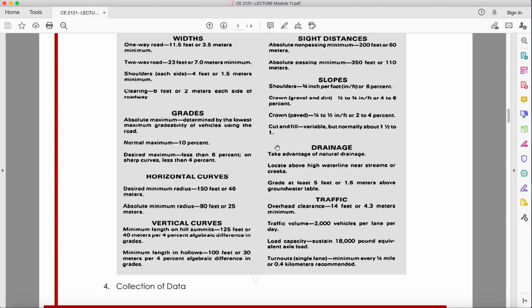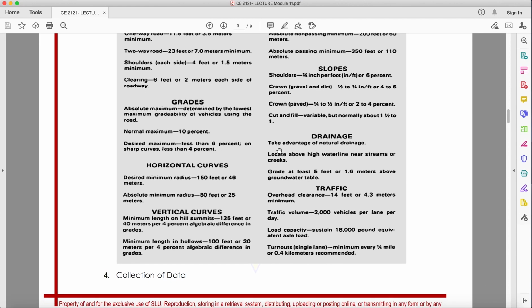Okay? Now for the drainage, take advantage of natural drainage. Like what I have said in our contour, due to gravity, everything falls down, and the lowest point would be the best drainage.